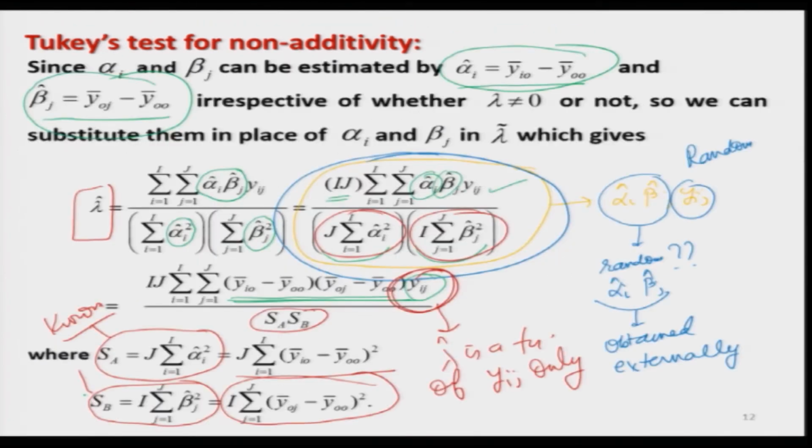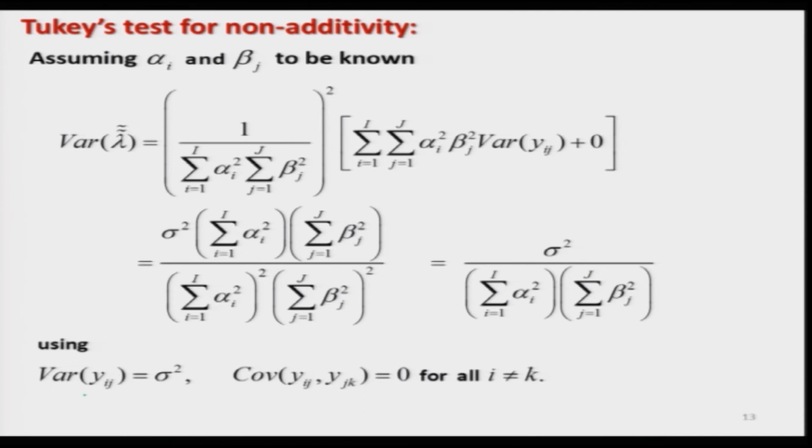Now if I ask you a simple question, suppose you have to find the variance of this lambda hat, how are you going to find it? My answer is, I simply have to consider Yij as a random variable, and consider all other terms in this expression as known constants. So, my next objective is to find the variance.